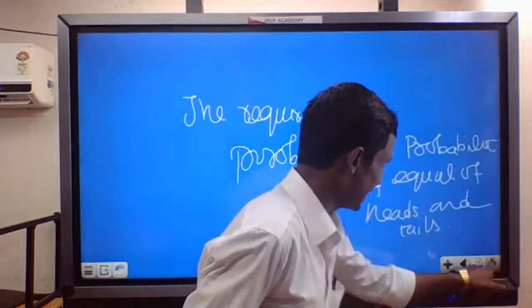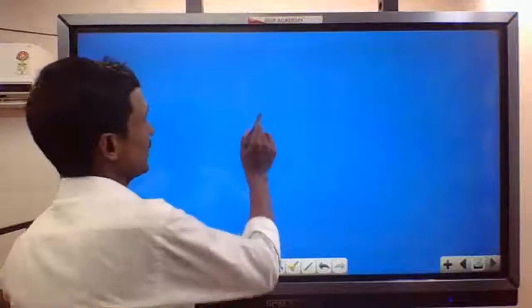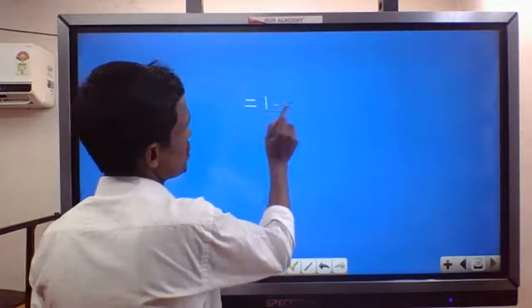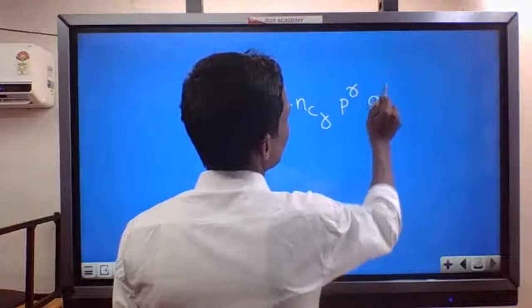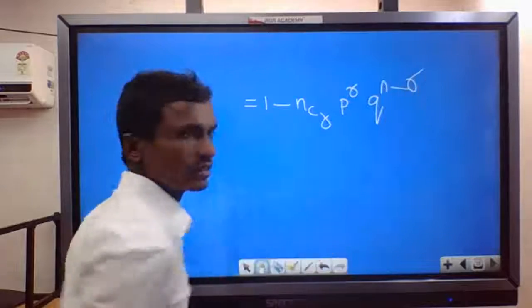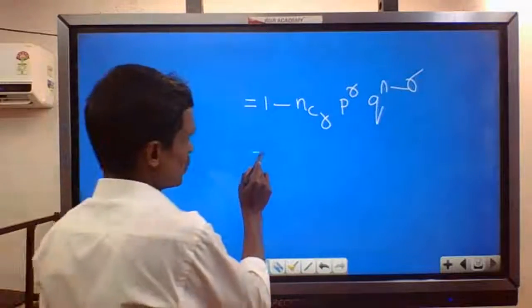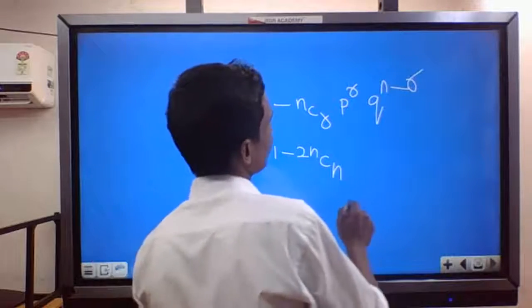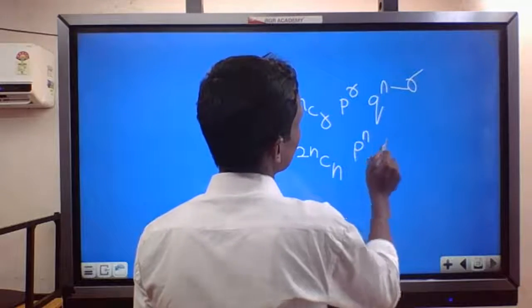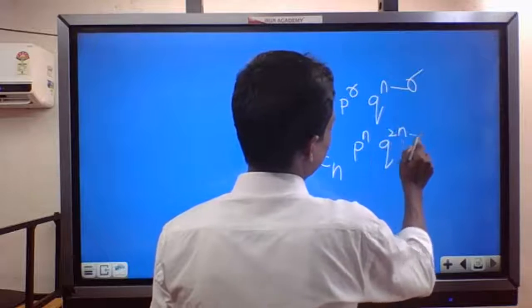Here, mainly we use the binomial distribution nCr p power r q power n minus r. Here n is equivalent to 2n. So 1 minus 2nCn p power n q power 2n minus n.